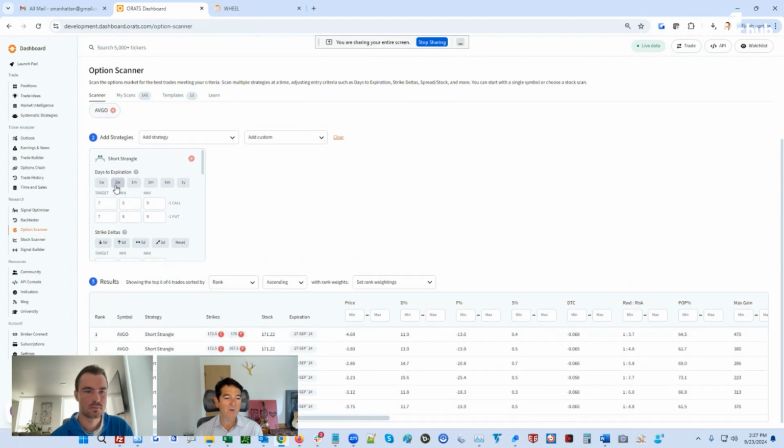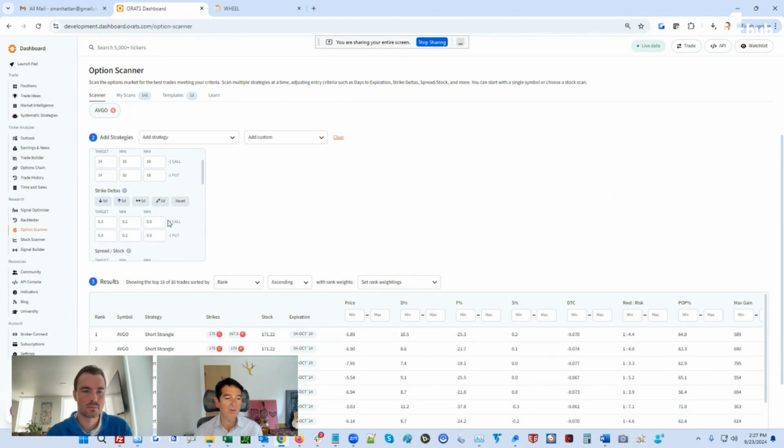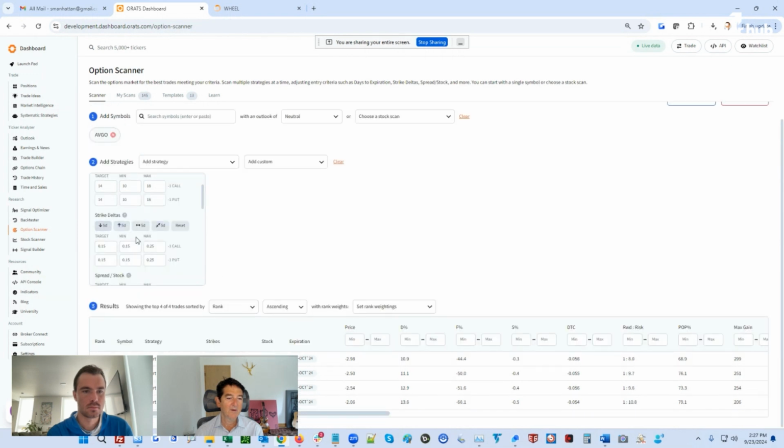We have a 19-day flapper, so we're protected there. So I want to get a very out of the money short strangle, and then I've set my rankings. So I want forecast and distribution, hedge, and reward to risk.